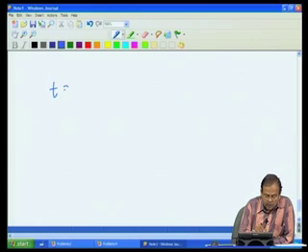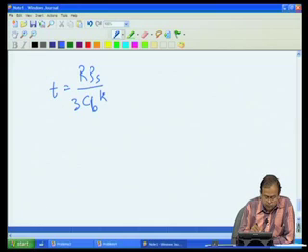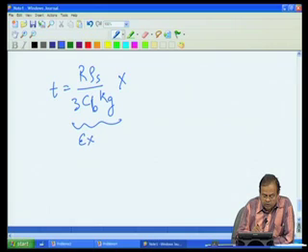That time, and this we had seen, or you can see this expression, into conversion x, contribution from external mass transfer plus, what are various terms here.